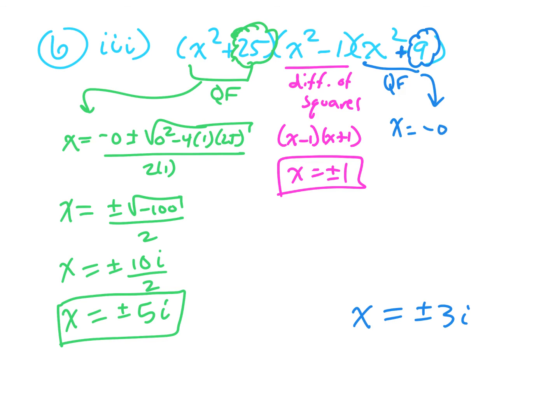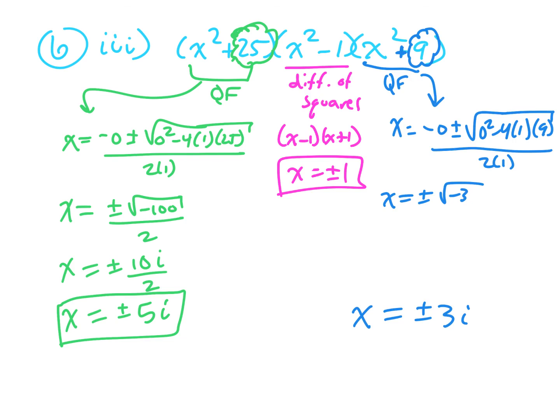Opposite of b, which is 0, plus or minus 0 squared minus 4a, which is that, c, which is 9, all over 2a, which is 1, x equals plus or minus negative 36, we saw that before, 2.